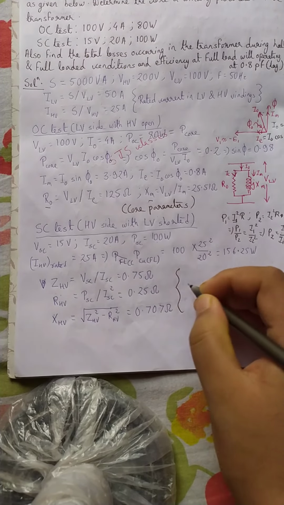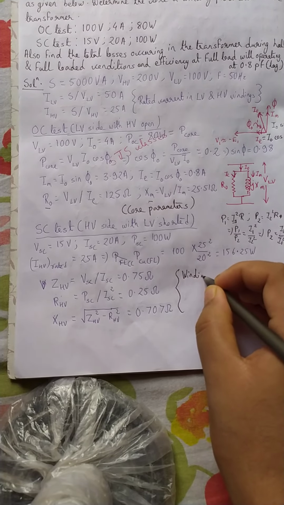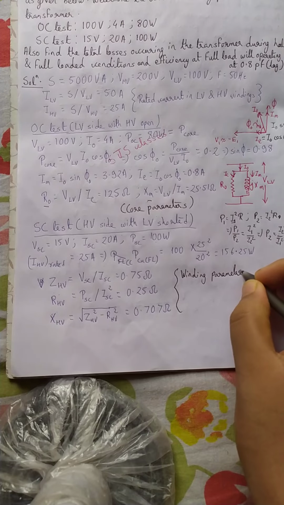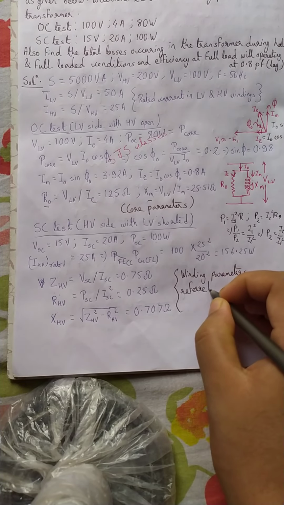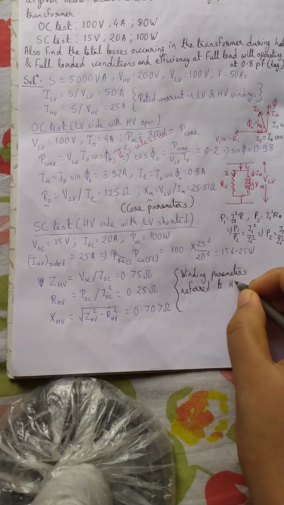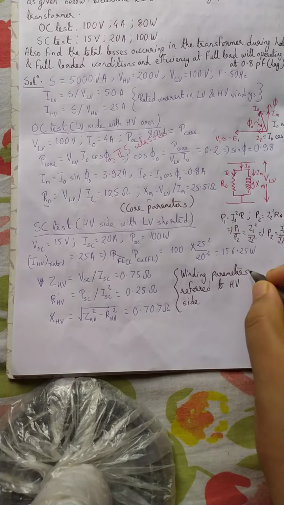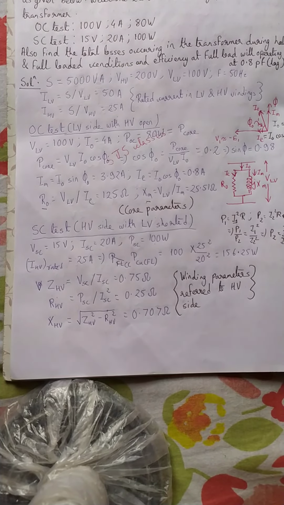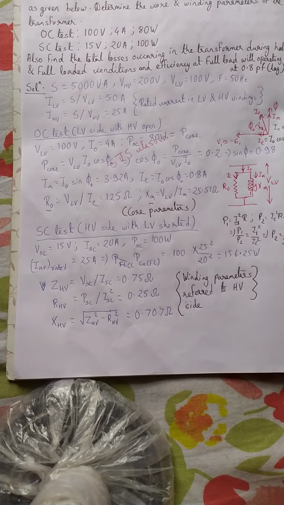These are basically the winding parameters referred to HV side. So these are the different parameters that we found. So this is one part of the problem.